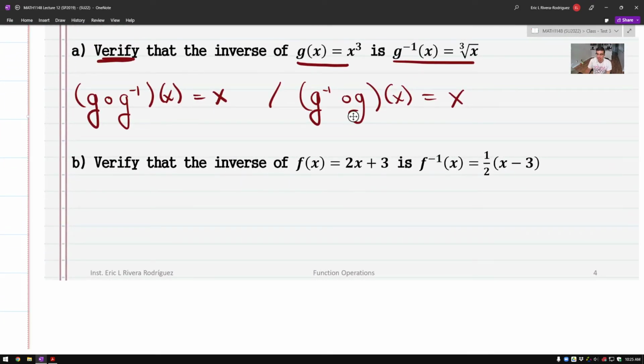Again, how are we going to verify that these two are inverse to each other?